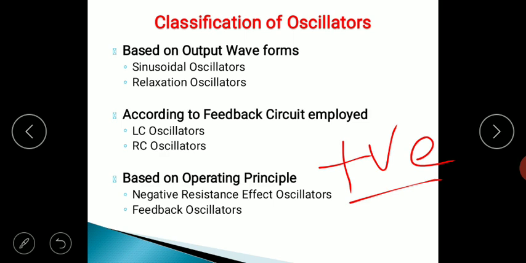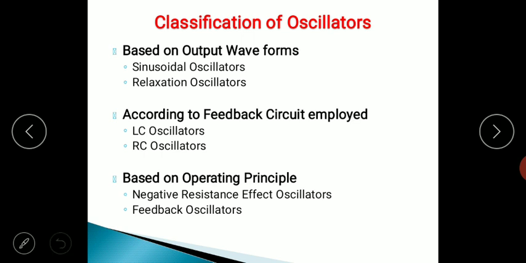Now what do you mean by an LC oscillator? Here L stands for inductance and C stands for capacitor. So obviously the oscillator which makes use of inductance and capacitance as a feedback circuit is called an LC oscillator. Normally in an LC oscillator, inductance and capacitance are connected in parallel like this.